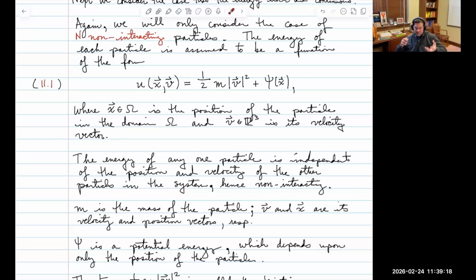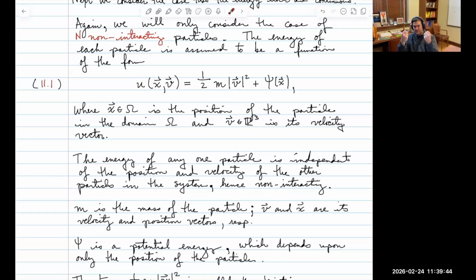Normally, if the particles were interacting, they would have an energy called a potential energy between the two, the interatomic potential energy. The potential energy would want to know the position of this particle in space and the position of that particle.